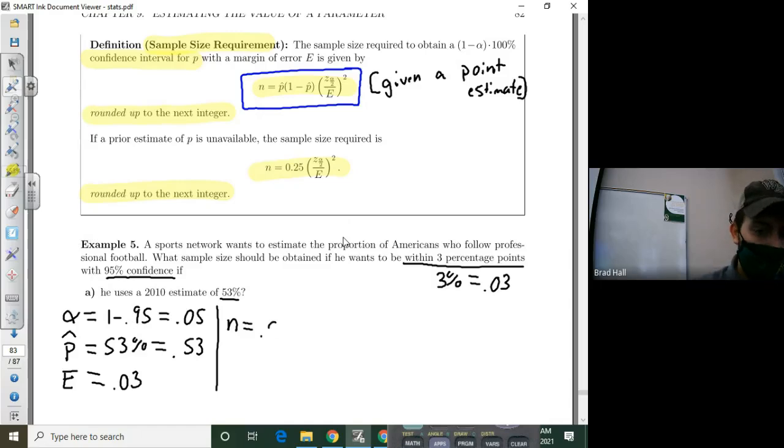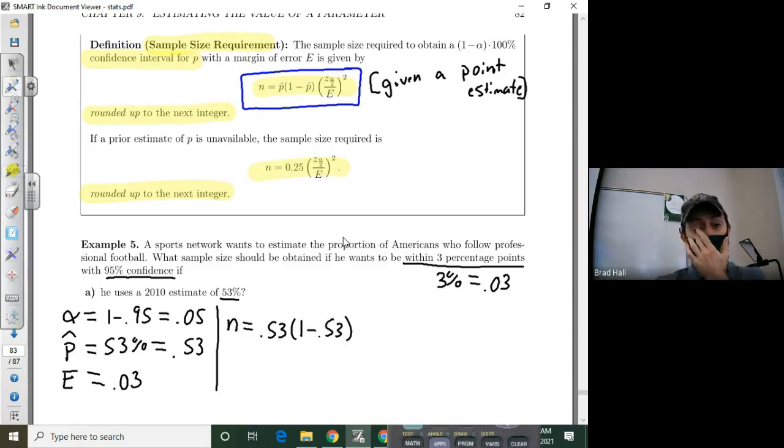N is equal to 0.53, 1 minus 0.53. And this is where it might get a little tricky, because now they're asking for inverse norm.